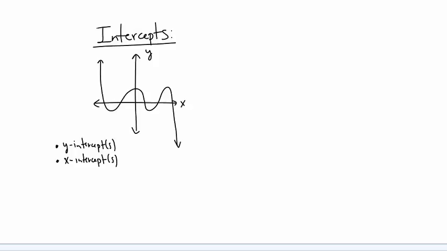For example, the y-intercepts. Where does the graph intersect the y-axis? Turns out it intersects it in only one point. How about any x-intercepts? Here it intersects the x-axis in many points.